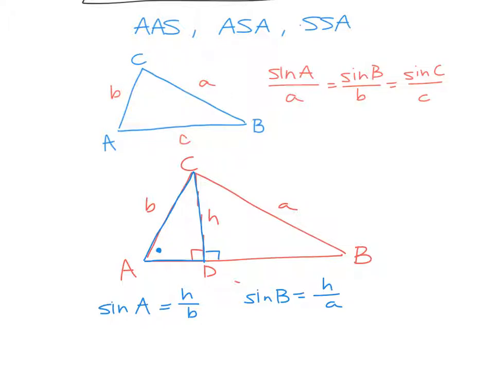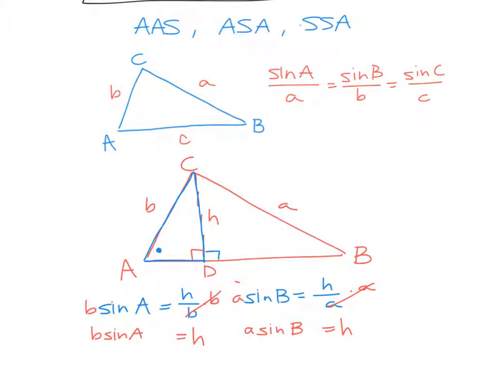Okay, so what if on both of those I were to solve for H? On that first one, if I want to solve for H, I would multiply by B on both sides so that this cancels. So now I have H is equal to B sine A, right? But if I solve over here, I would multiply by A. So now I have H equals A sine B, okay?